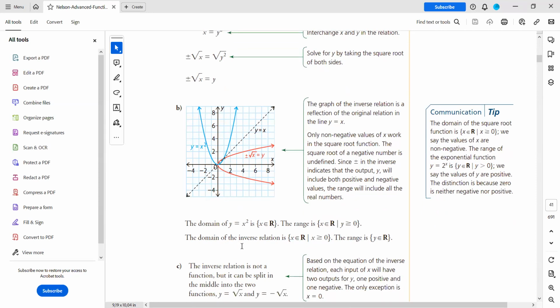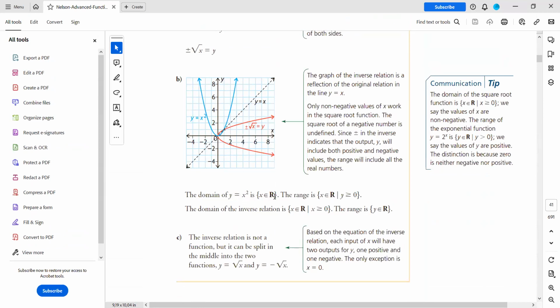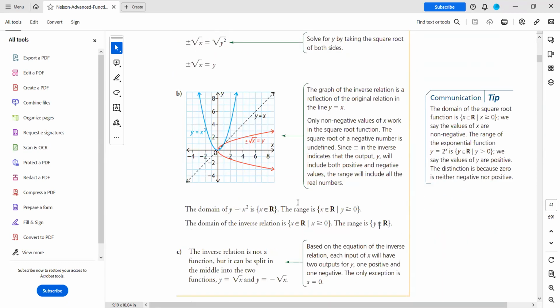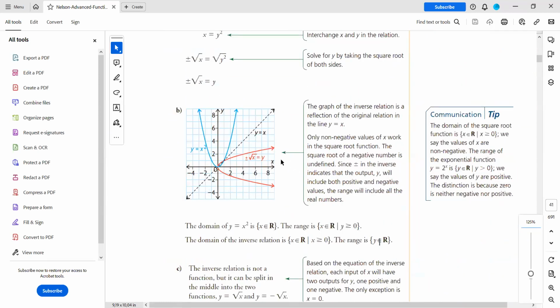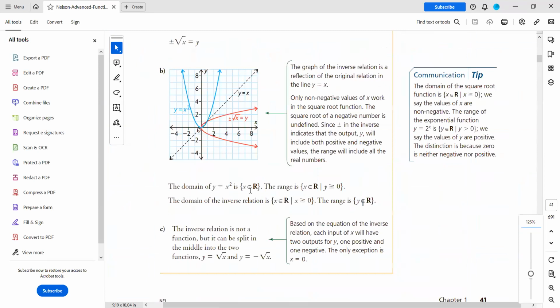So the domain of y equals x squared, the initial function that we covered, is x ∈ R. Basically, x can take any real number. And the range is y greater than or equal to 0, right? y equals x squared is such a function that is only positive. The domain of the inverse relationship is x greater than or equal to 0, right? x cannot be negative.